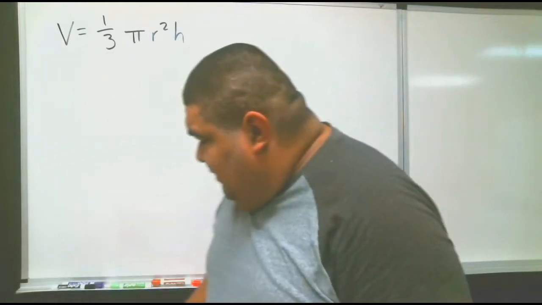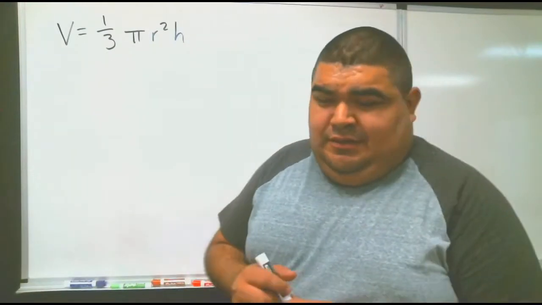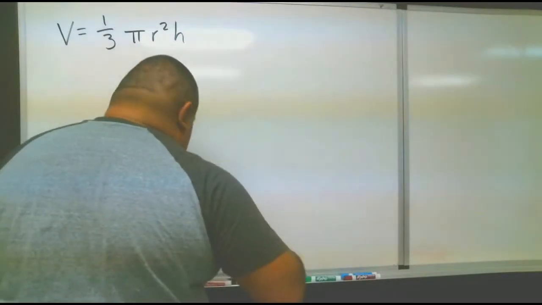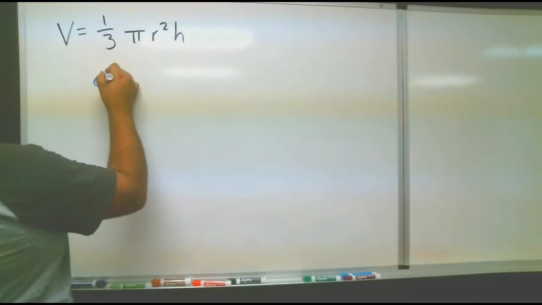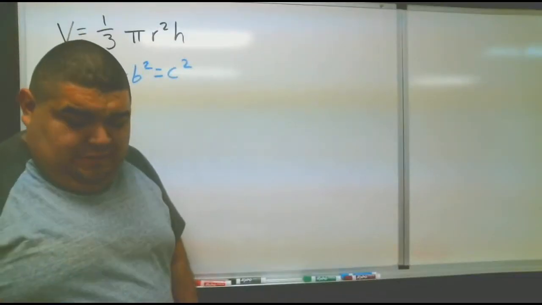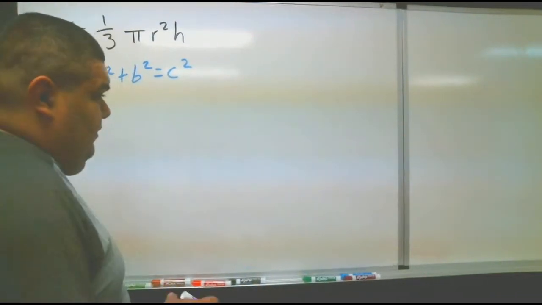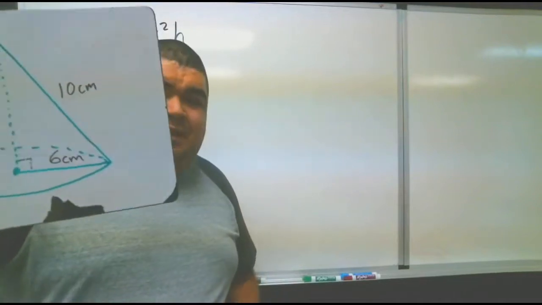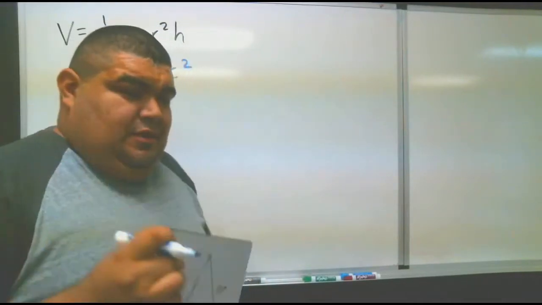So in order to find the height on this one, we say A squared plus B squared equals C squared, which is the Pythagorean theorem. Since we have one of the legs, which was 6, we say 6 squared plus B squared equals C squared.